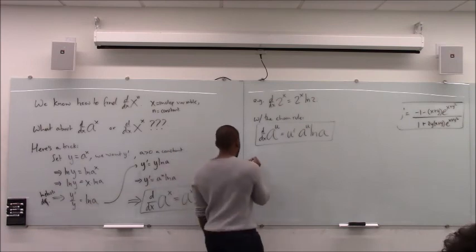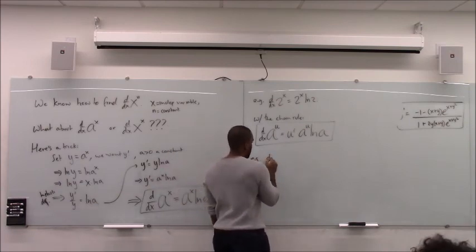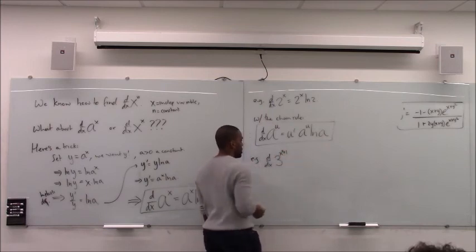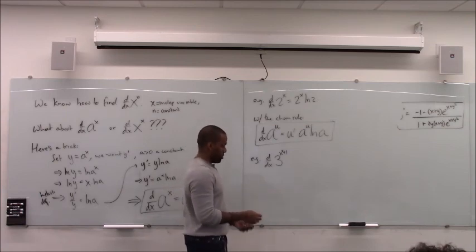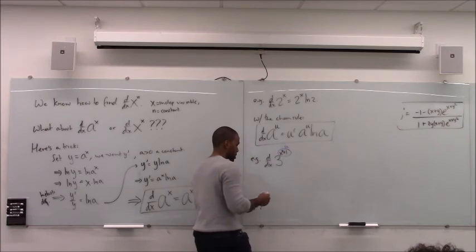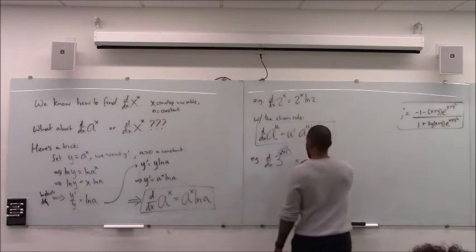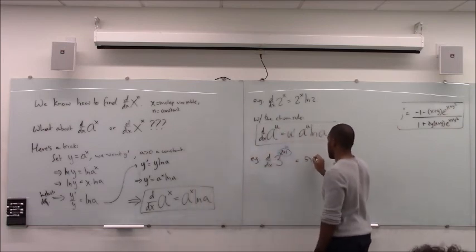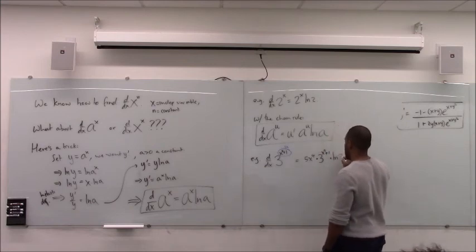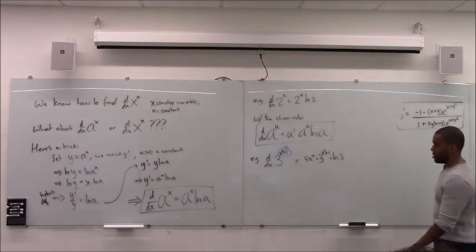An example where that would apply is, let's say I had the derivative of 3 to the (x to the 5th plus 1). How do you differentiate that? Well, that's just like an a to the u, where this is your u. And so it's going to be u prime, which is 5x to the 4th, times a to the u, which is the original function, times ln of the base. And that's your derivative.